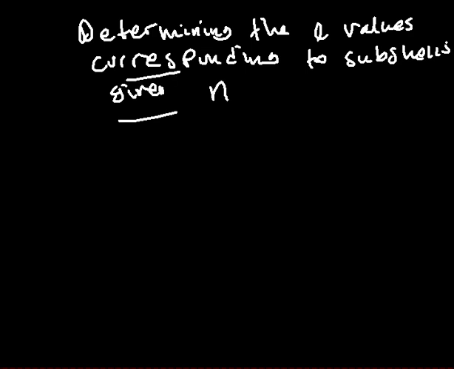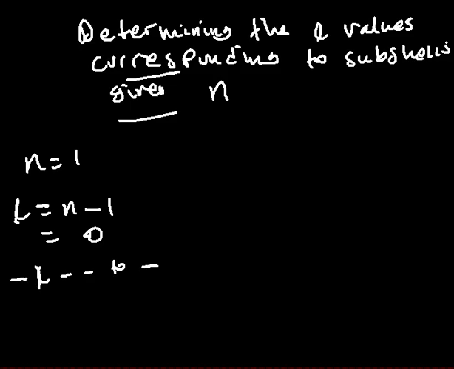Let's say the principal quantum number is 1. The formula for the azimuthal quantum number is L equals n minus 1, which is equal to 0. The possible values range from negative L to positive L. Since we have only a single value of L, the only possible value is 0, and that corresponds to the S subshell.